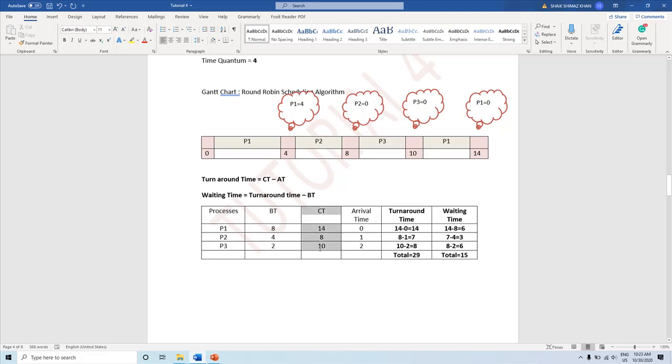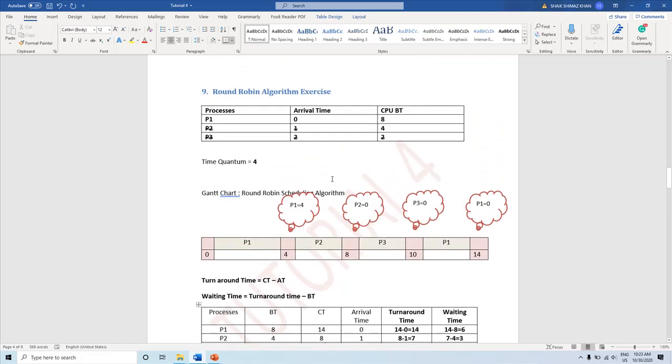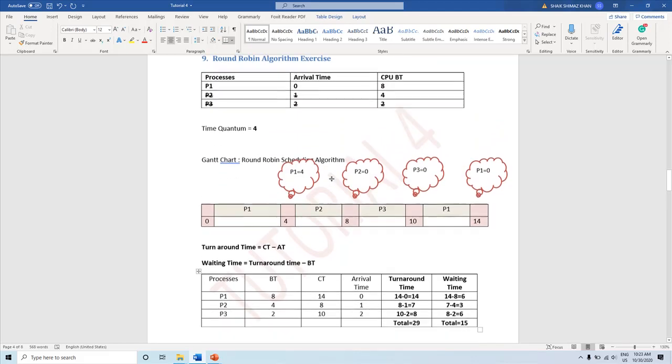The completion time we calculate from the Gantt chart. Process 1 completion time is 14, process 2 completion time is 8, and process 3 completion time is 10.